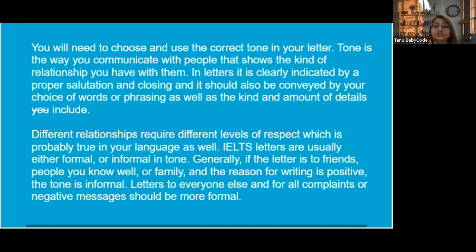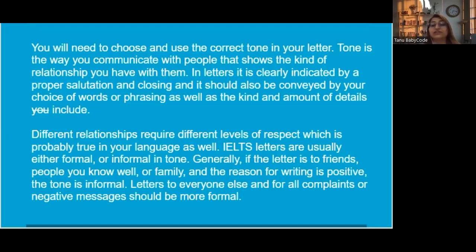Now, different relationships have different levels of respect, right? Which is probably true in your language as well. So in IELTS also, when it comes to letter writing, you are either formal or informal in your tone, right? When it comes to family and friends, you are a little informal, whereas with the rest of the people, you talk in a formal or semi-formal way, right?